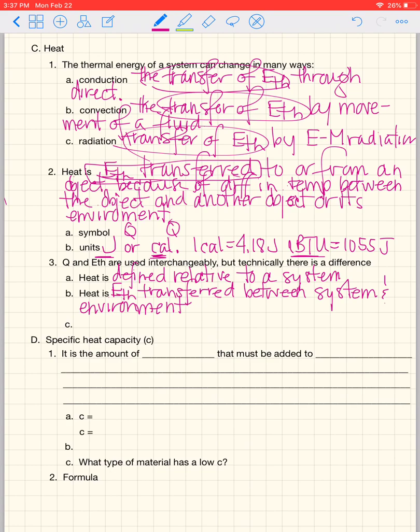And the formula is going to be W plus Q is equal to a change in the energy of the system. And it can either go into the system or, if the system is at a higher temperature, it could go out of the system into the environment.